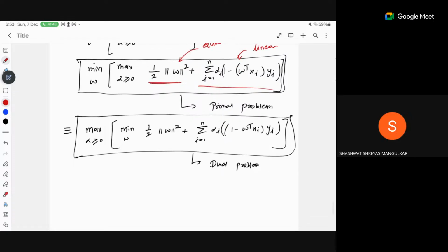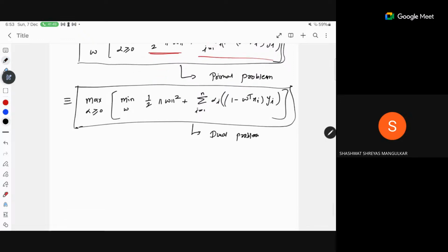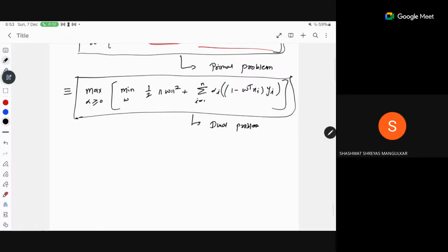So instead of solving the primal problem, what we are now trying to solve is the dual problem. Okay. So let's say there are two parts for this problem, this one part and this another part.